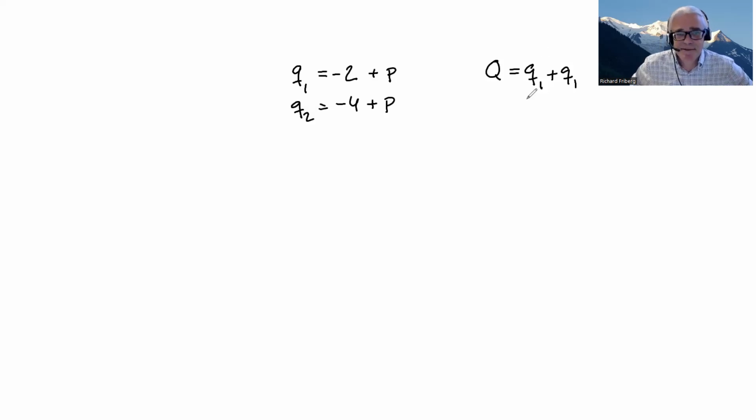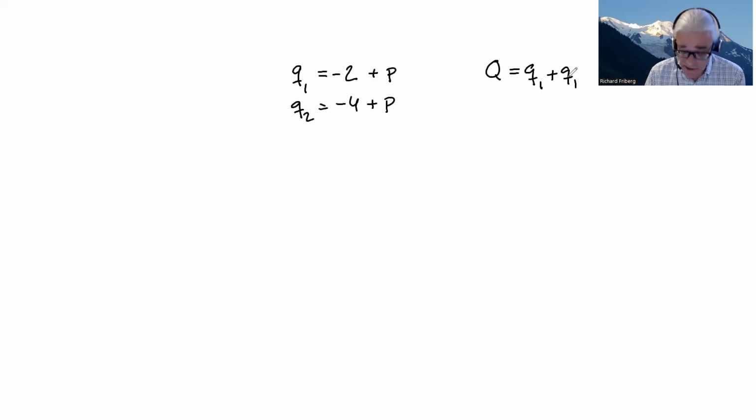And basically, this is what we're doing, but we need to take care and think of, are both firms supplying at all prices? That's the constraint that we need to be aware of when we're thinking of this.